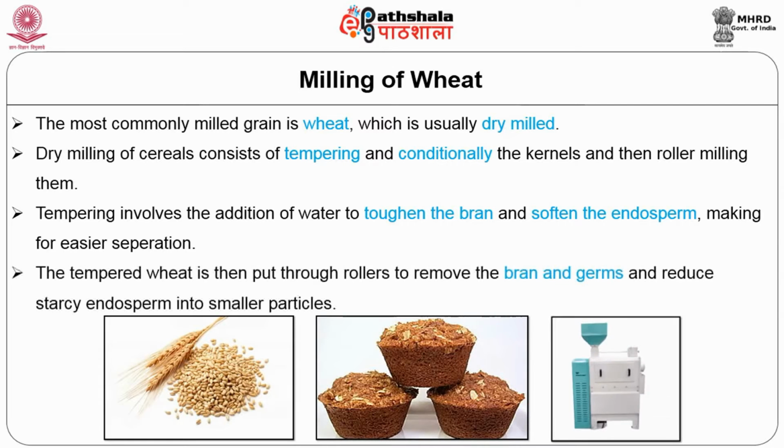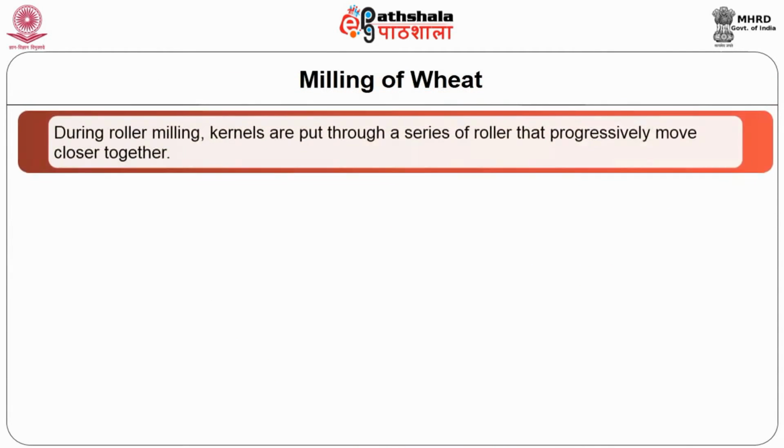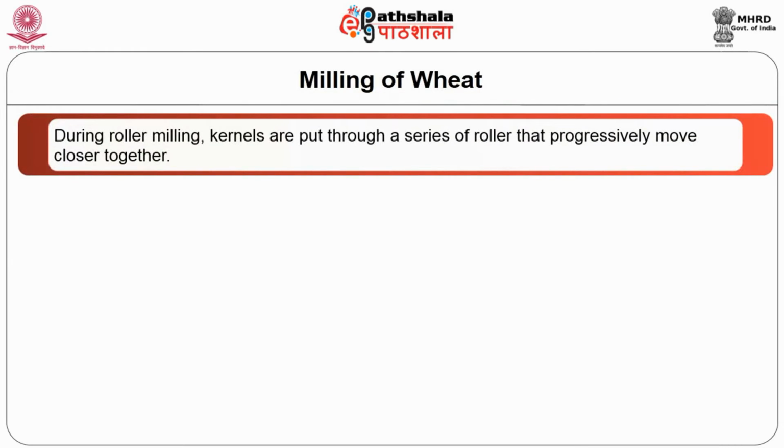The tempered wheat is then put through rollers to remove the bran and germ and reduce the starchy endosperm into smaller particles. During roller milling, kernels are put through a series of rollers that progressively move closer together.